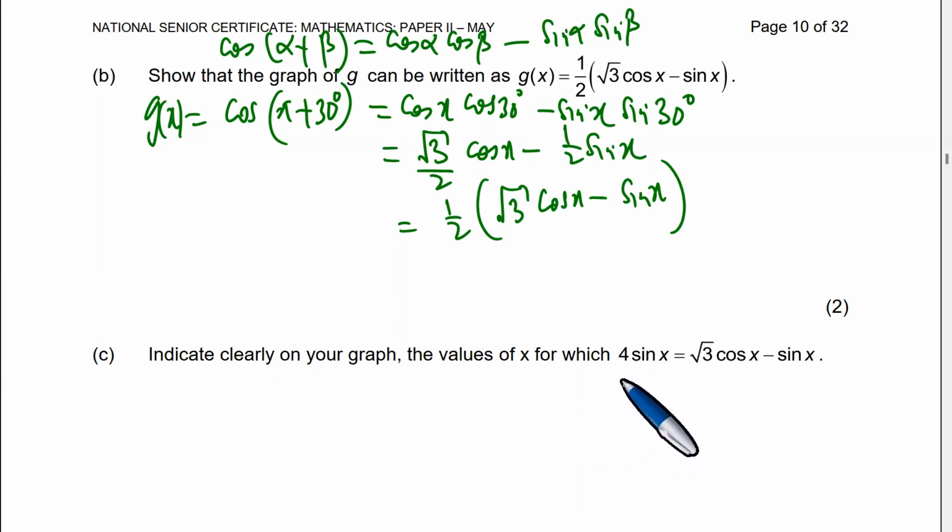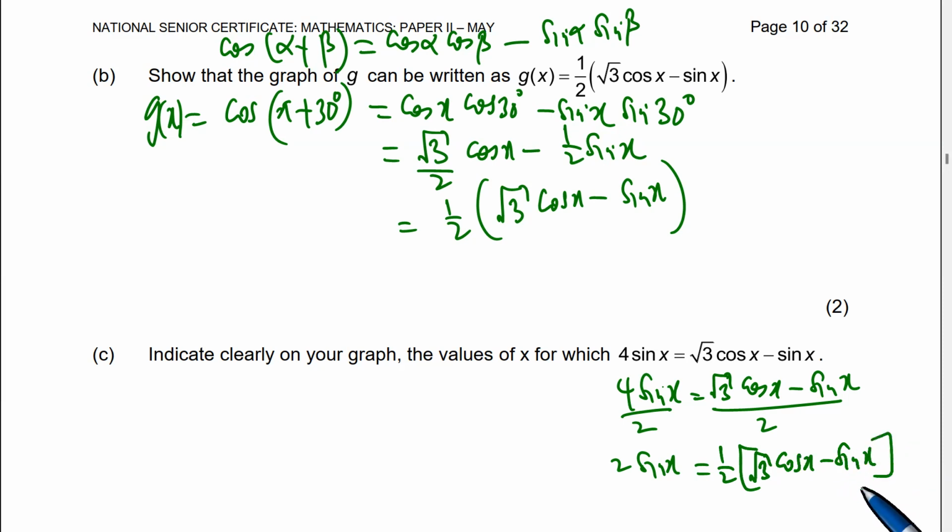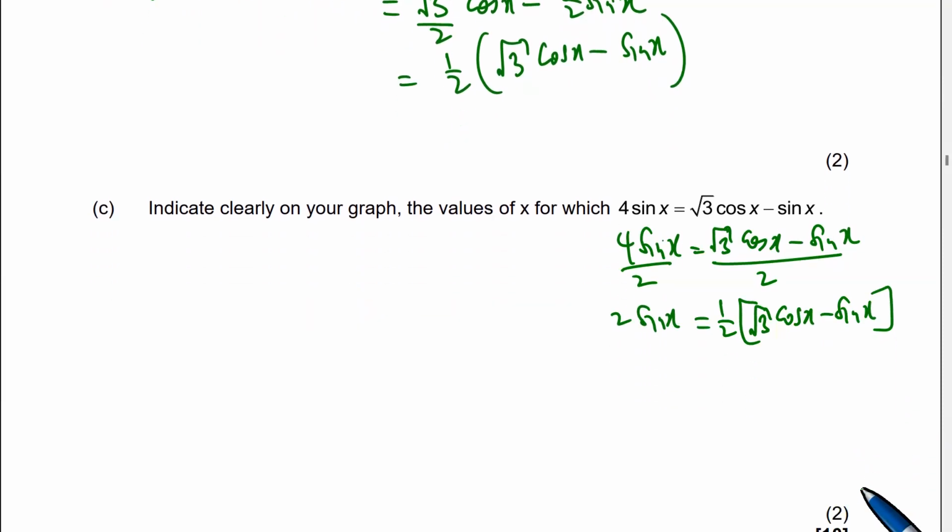If you divide through by 2, you have 4 sine x, which is the square root of 3 cosine x minus sine x. You divide by 2, which means 2 sine x, which means 1/2 into the square root of 3 cosine x minus sine x. So this one here is f of x equals g of x.